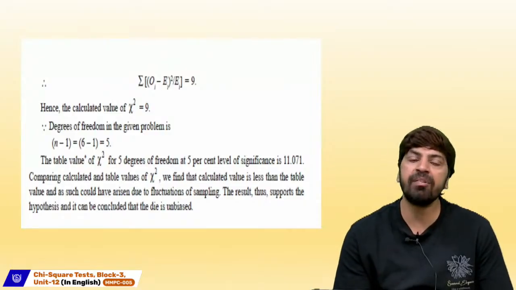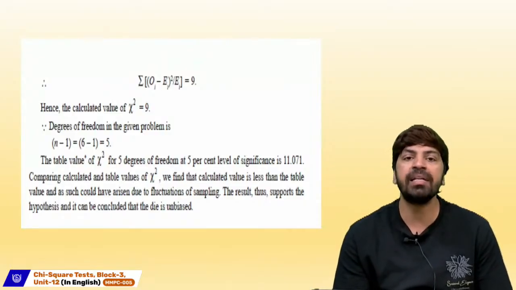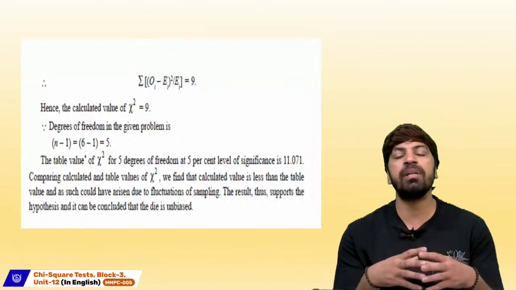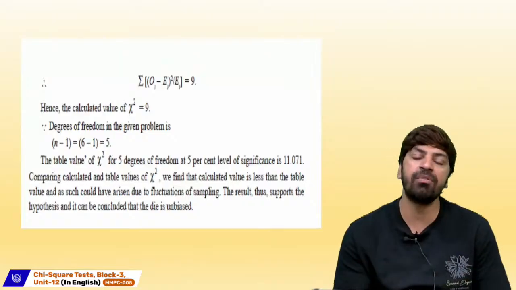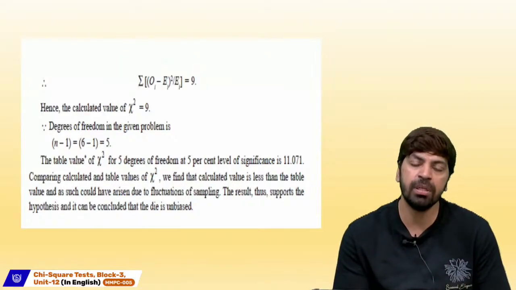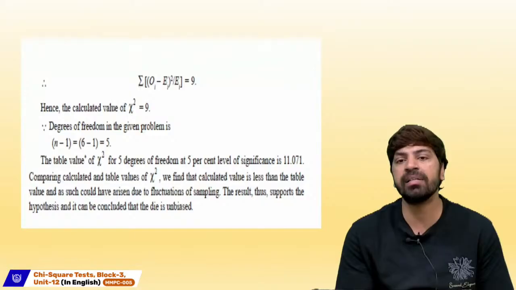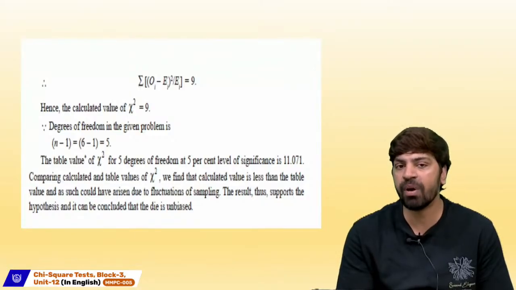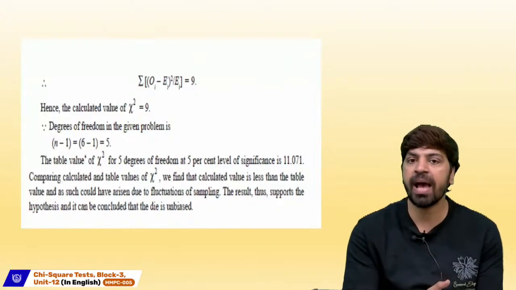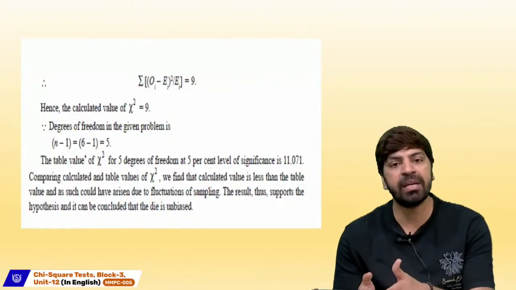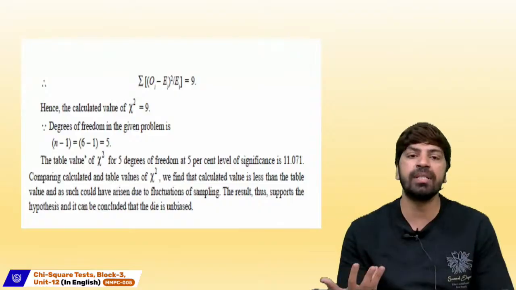The level of significance and the chi-square table value are also given in the question. So we just compare the chi-square calculated value with the table value, and we get the results.